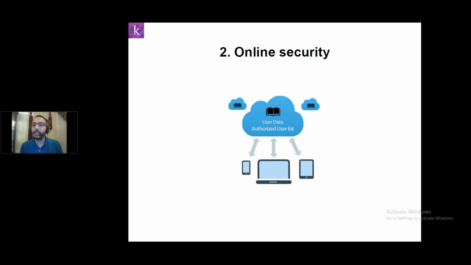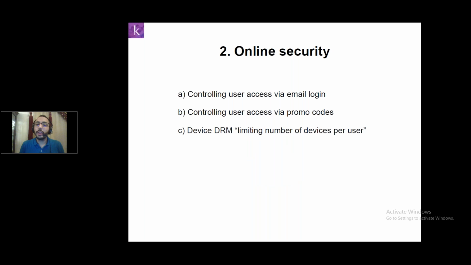The second category, which is the online security, where everything will be hosted on the cloud on a third-party server that will control all of the 3 ways I'm going to mention now. The 3 ways are, the first one is controlling user access via email login.